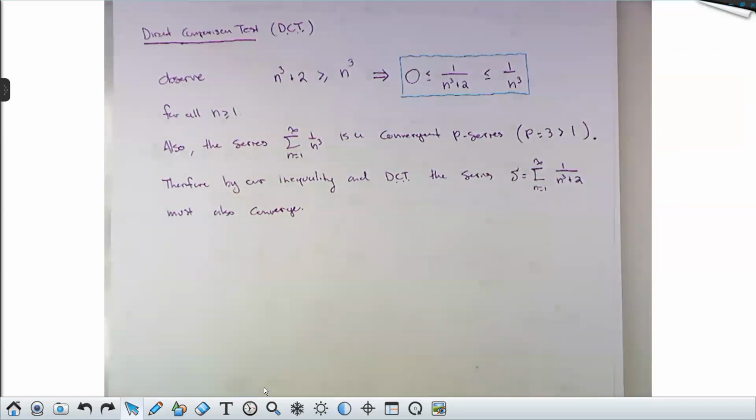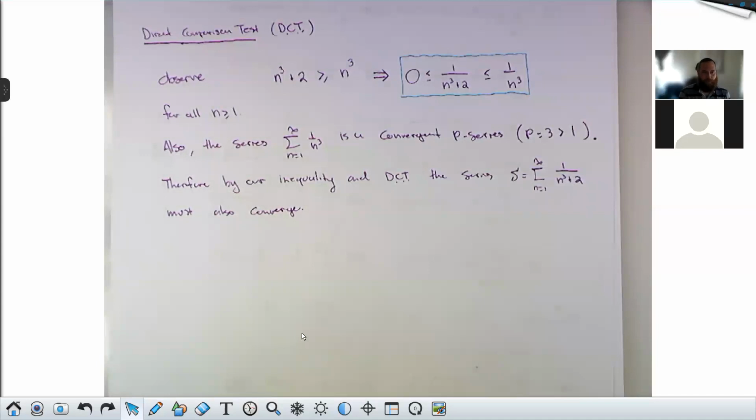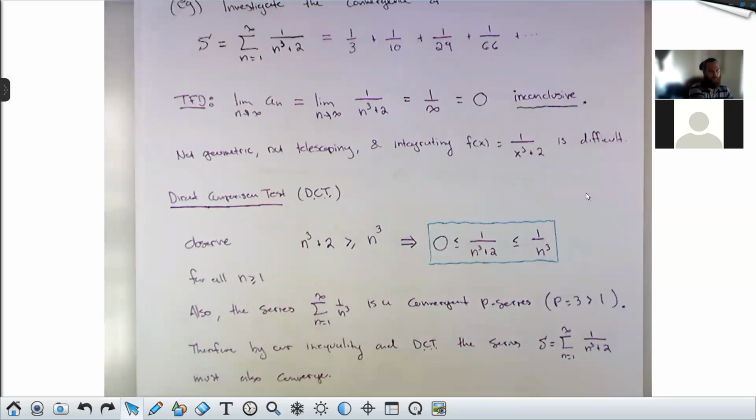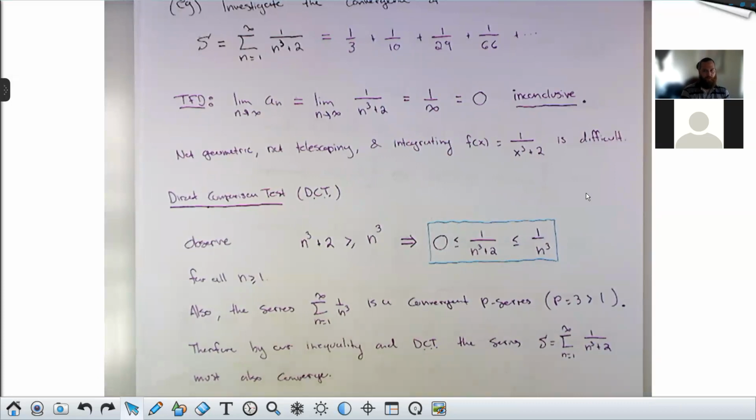Any questions on where we get this inequality, why this inequality is useful, how we know this series converges, or how we connect the convergence of this series to the convergence of our series? The idea is our series is smaller than this series. And since this series is finite, our series must also be finite.